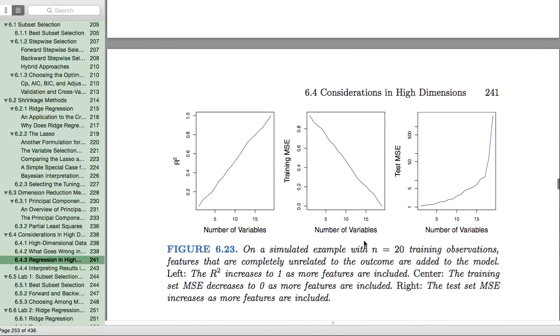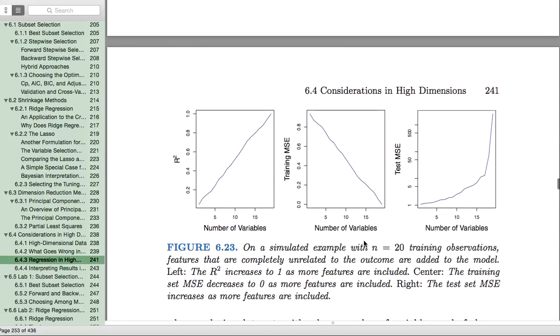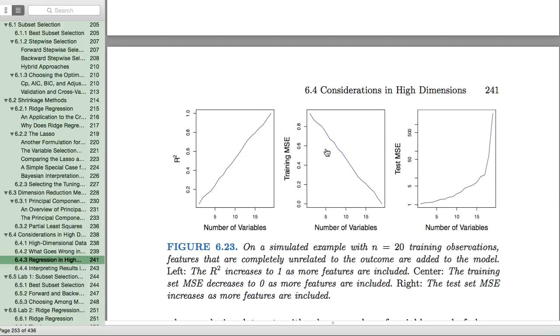And they go on about that for a while here. And in general, the more features you include, the lower the training MSE is, and the greater the R squared is. However, also the greater the test MSE is. So we want to minimize this quantity, and this quantity is just based on the training MSE, so it's erroneous.